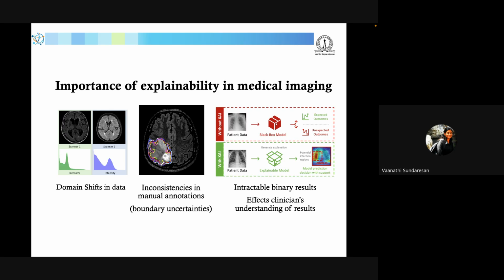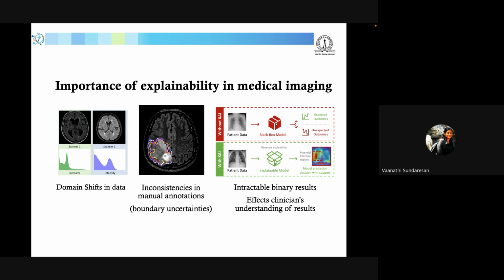Why do we need it? If we have to accurately quantify, if we have to say this is the volume of the lesion, we need the boundary of the lesion, right? And that volume might even determine whether the doctor is going to operate on the patient or not. Maybe they say, okay, the volume is less, we don't operate, right? So there are complications.